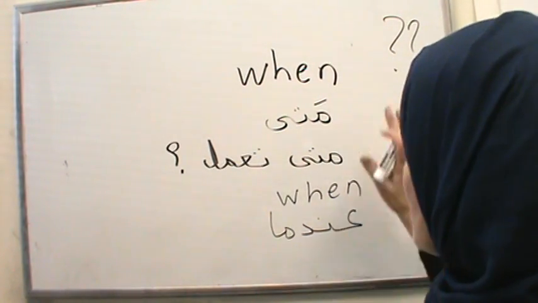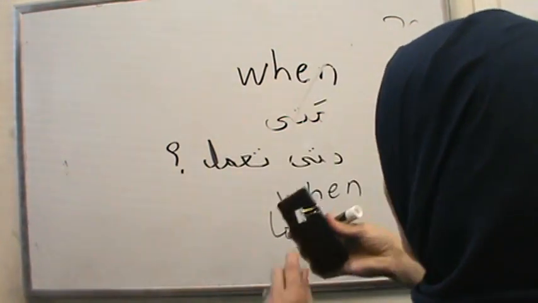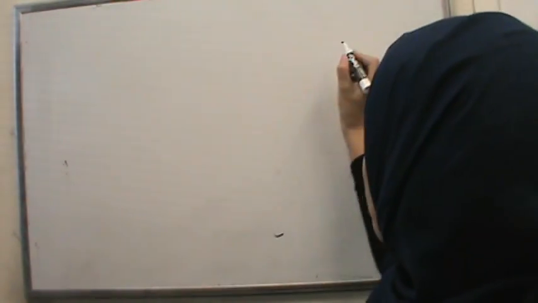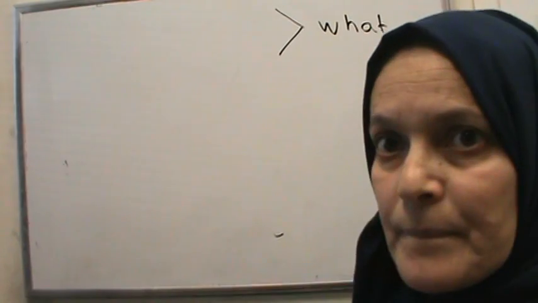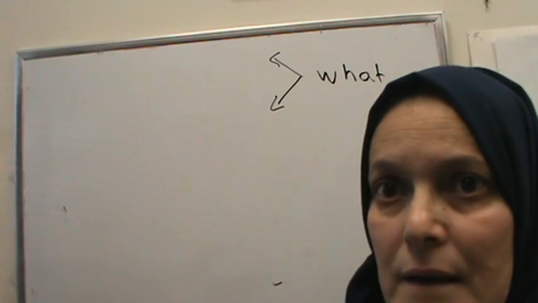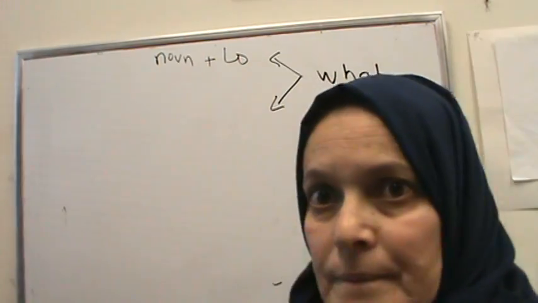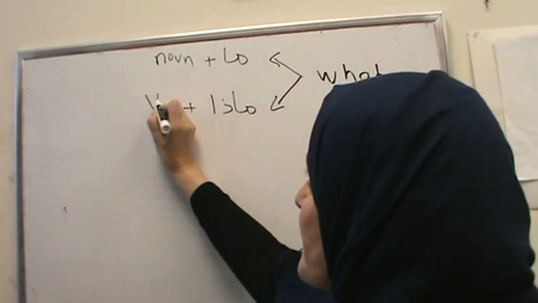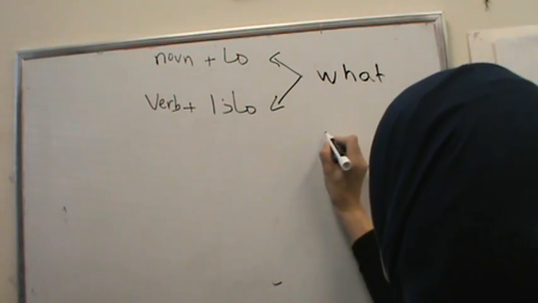So I think these are the W's. So to go back, it's again what? We have two of them. Okay, I want to make sure that you get all of them. We have ma plus noun, and we have ماذا plus verb. We have where.